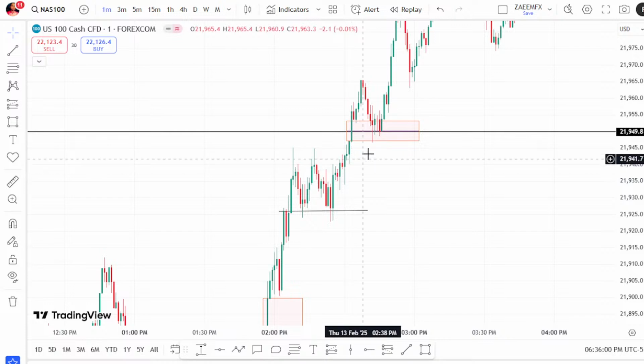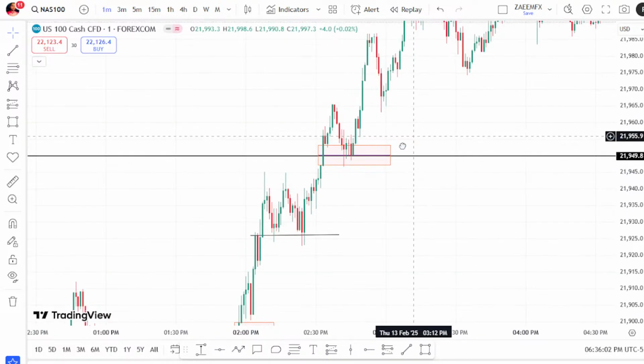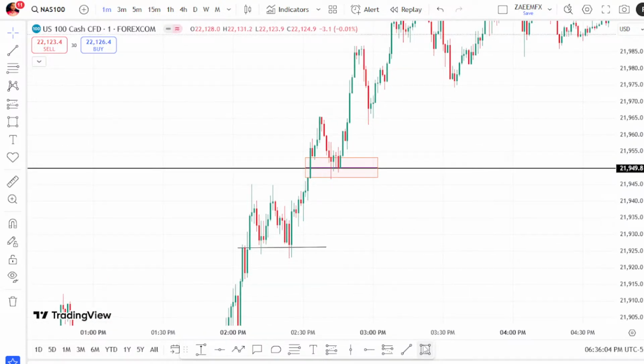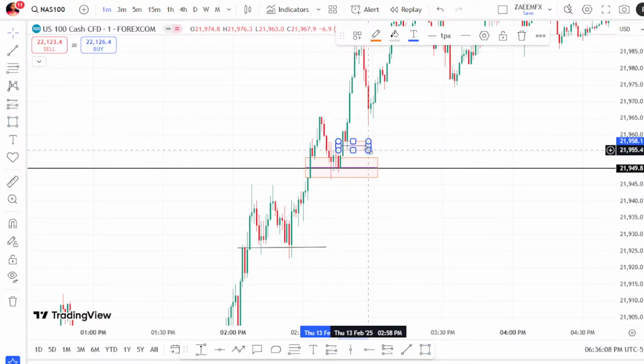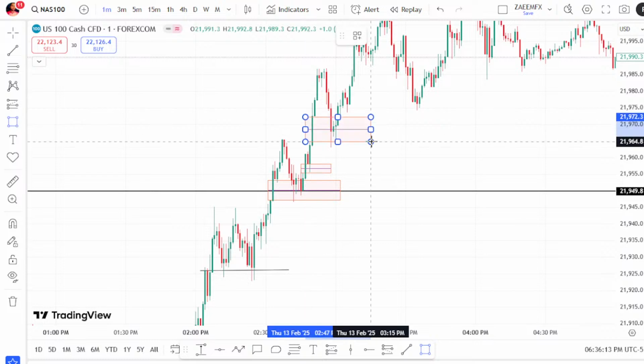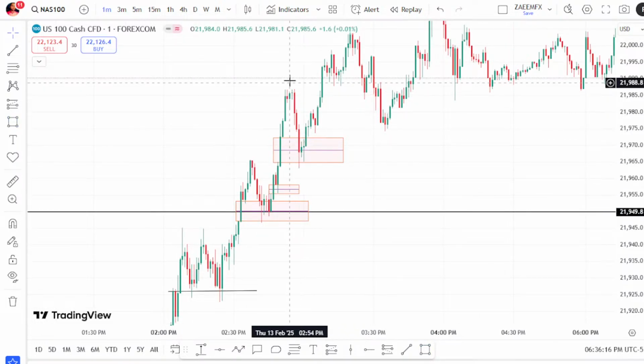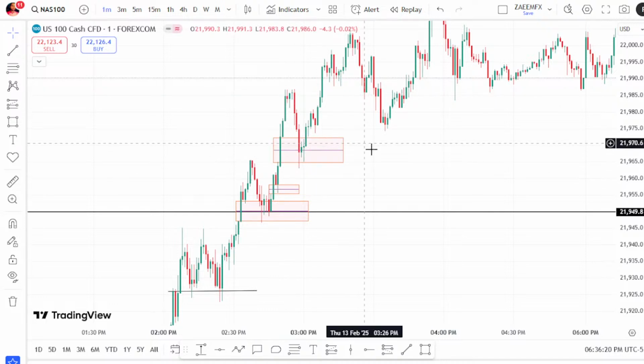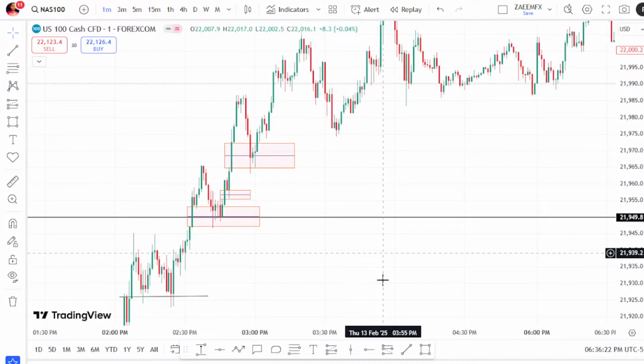Enter here, and your stop loss will be here. Any little fair value gap, that's an opportunity to long. For me, inside this mini range, I always consider the premium and discount. Any mini range I'm trading, I just consider the premium and discount level.